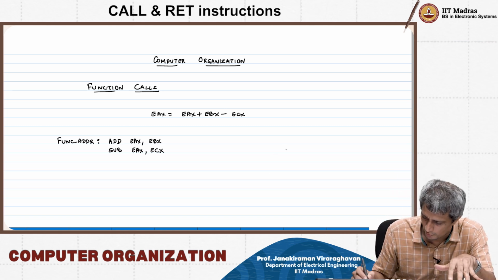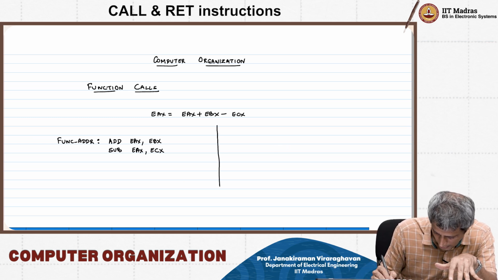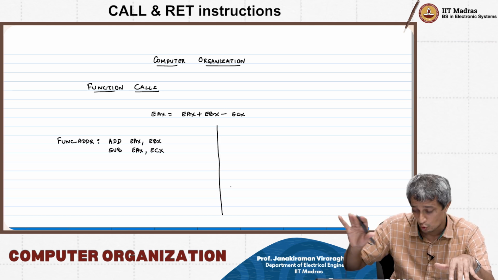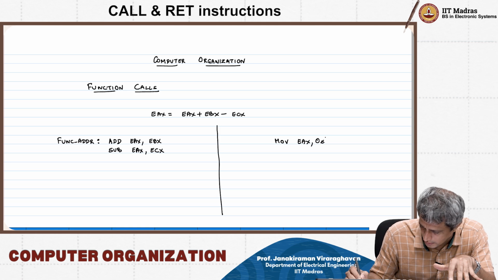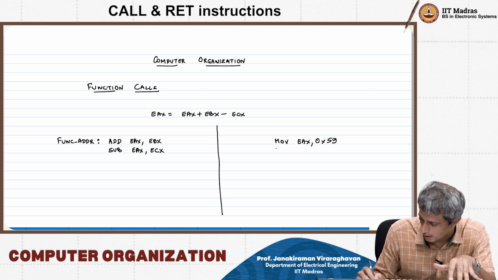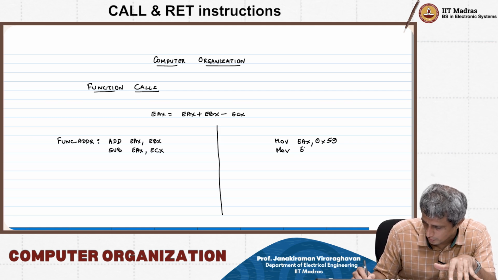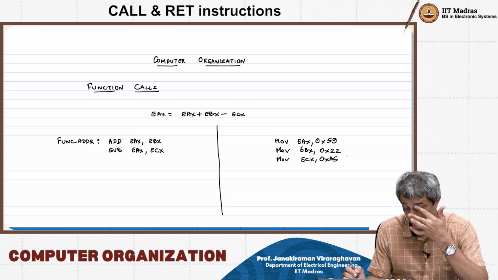Let us say, for example, I am going to write a program now which is in some other unrelated part of the code segment, where I will initialize my registers: move EAX comma 0x59, move EBX comma 0x22, and move ECX comma 0x35.